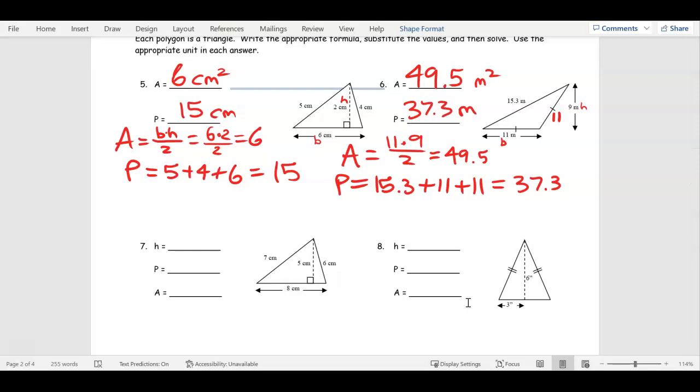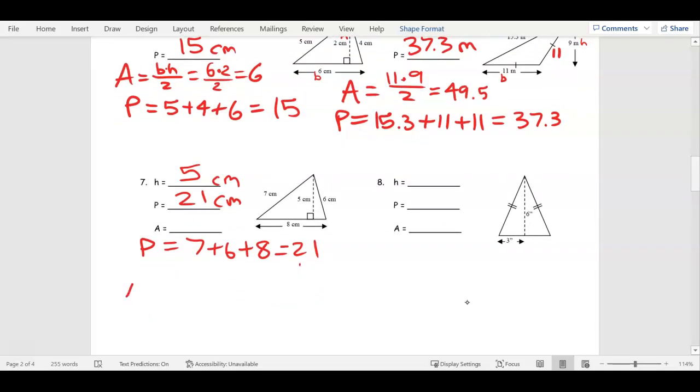All right. What's the height on number 7? 5. The perimeter, let's add up all 3 sides. I get 21. Those are both centimeters. Okay, so for area, what do I multiply to get the area?